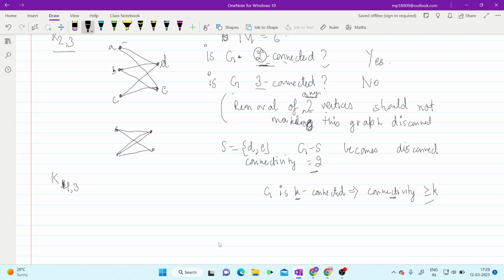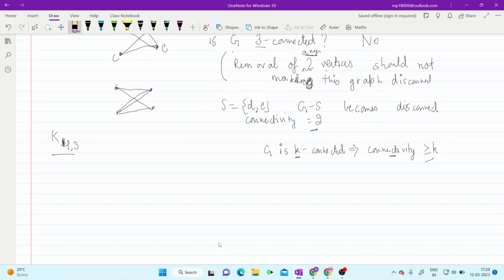Now if we consider this graph K4,3. For a five connected graph, the connectivity should be five or more than five, isn't it?